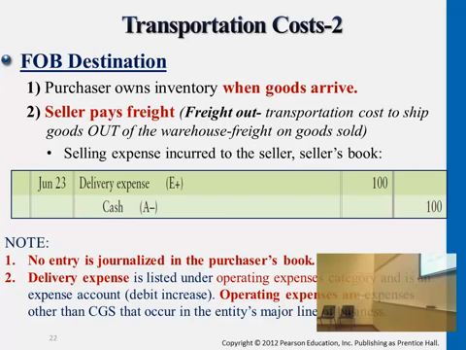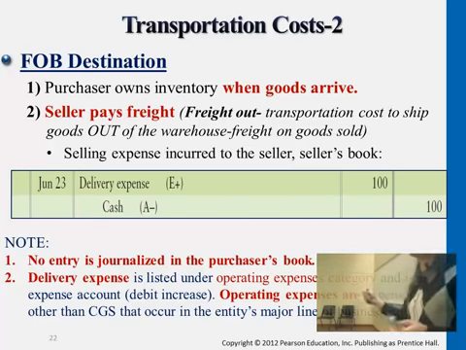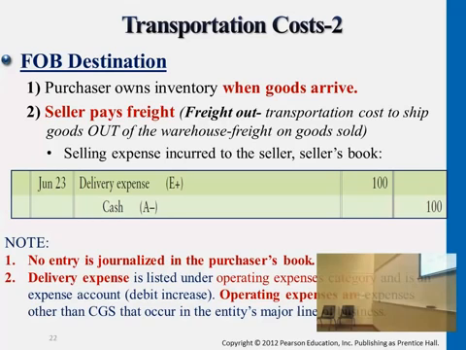If the purchase invoice states that FOB destination is the credit term, and I'm the company that purchased items, I do not have to record anything. But for the seller, this will be the transaction: the seller will incur a delivery expense based on this batch of inventory they're selling to the customer, and reduce cash. This cash is paid to UPS or FedEx, the transportation companies.